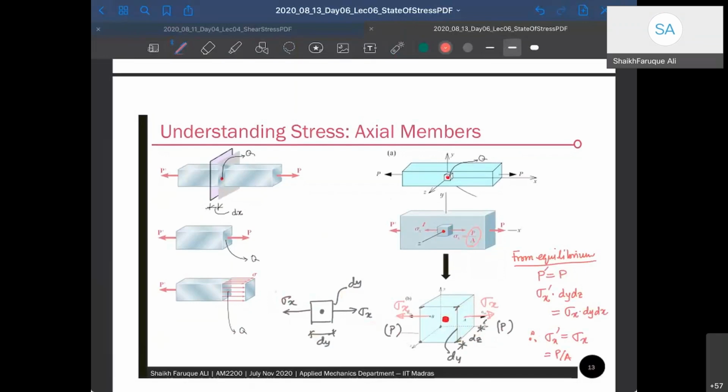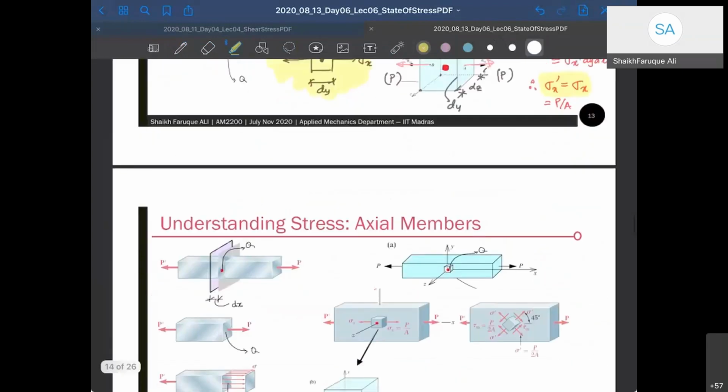All right. So that gives me that both sides will have same stress acting. So this diagram is very important. Now let's go to next one.